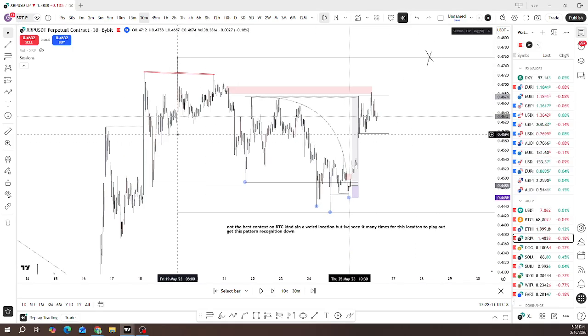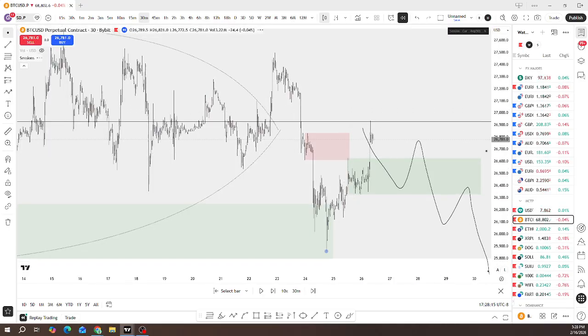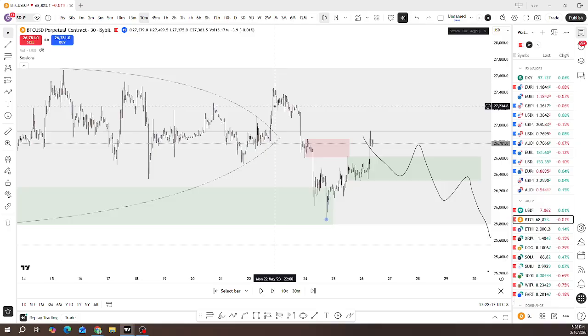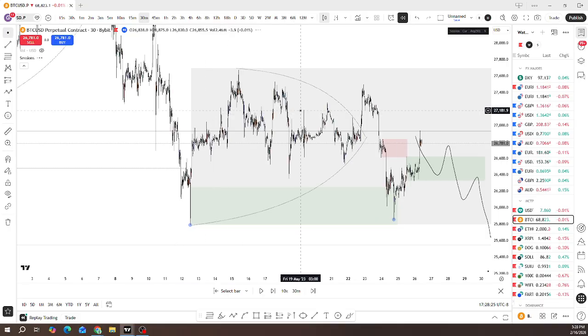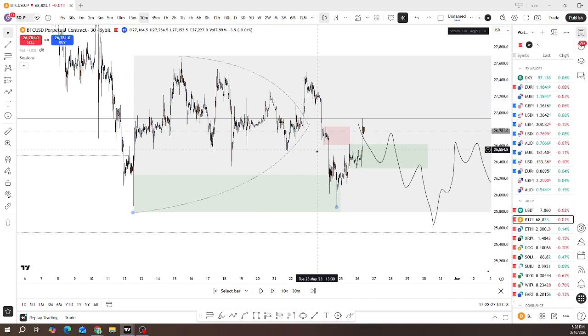The previous local pivot here was Friday the 19th. I think it's probably right here. Bitcoin's having a fairly aggressive expansion to the downside.